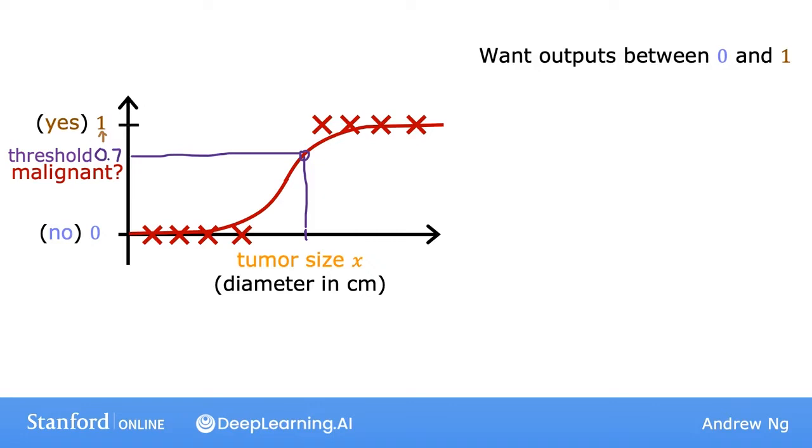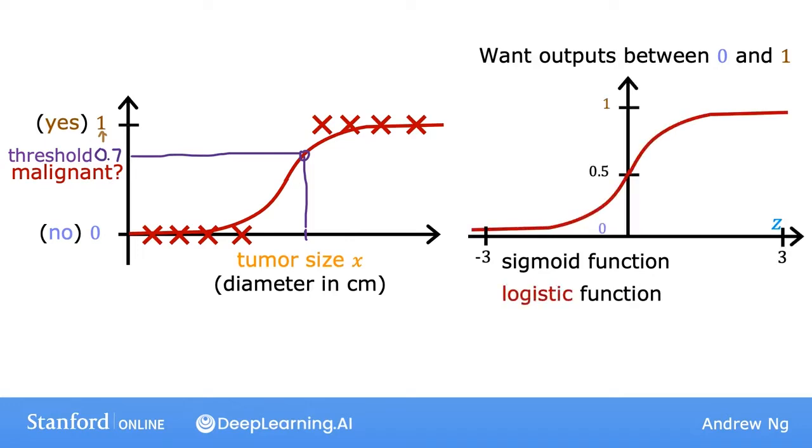To build up to the logistic regression algorithm, there's an important mathematical function I'd like to describe, which is called the sigmoid function, sometimes also referred to as the logistic function. The sigmoid function looks like this. Notice that the x-axis of the graphs on the left and right are different.